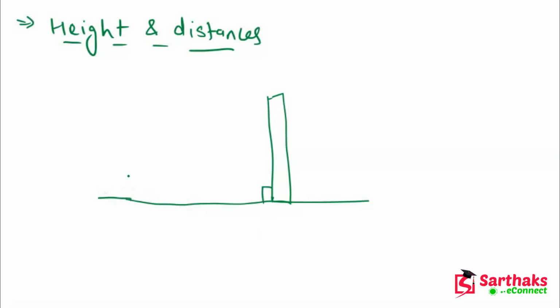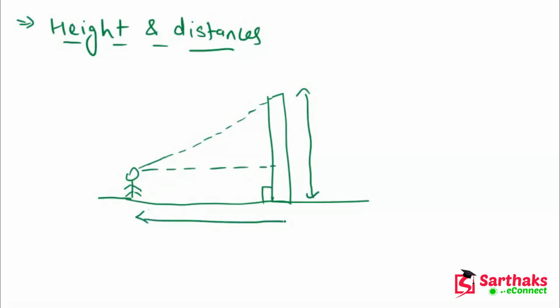And if a person is standing here and sees the top of the building, then with the help of trigonometry we can easily find the distance between the boy and the building, if we know the height of the building. So this is the method to use trigonometry in heights and distances.